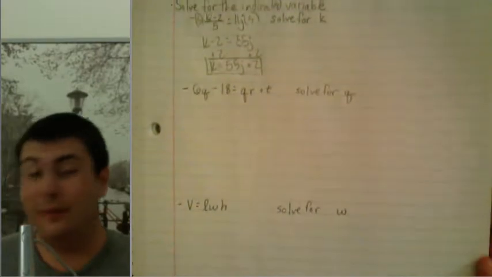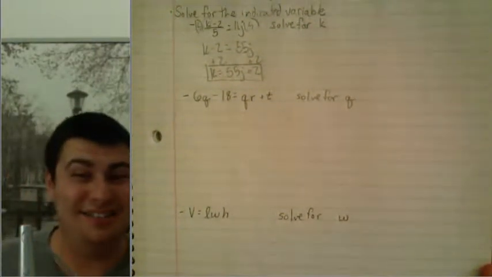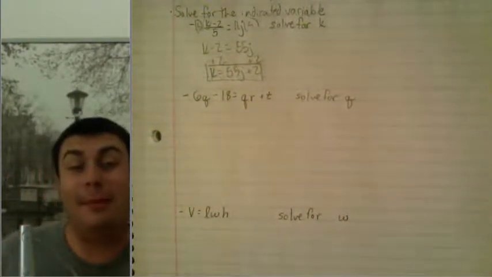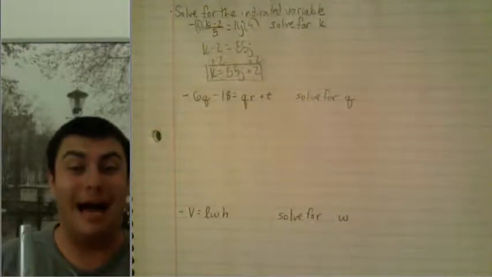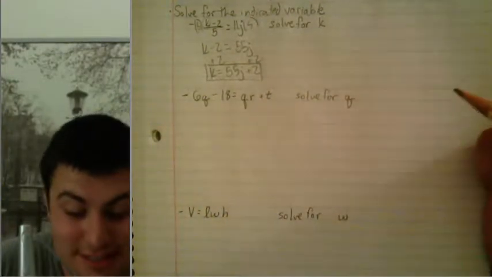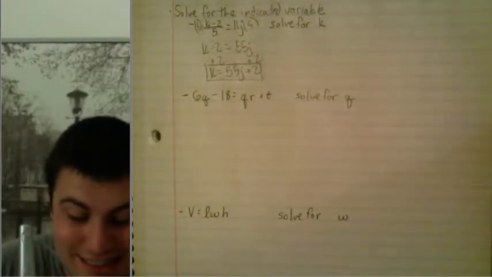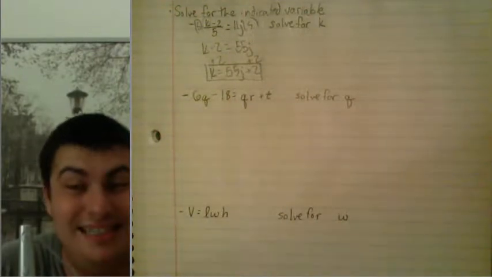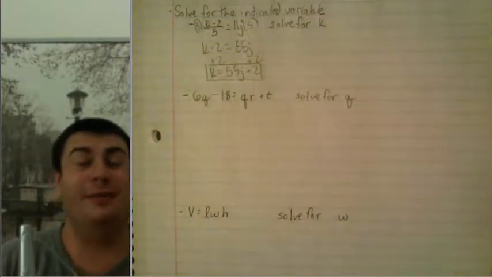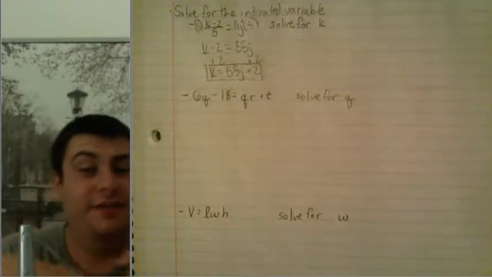Now, we may have to use some other techniques and tricks from properties that we know, using them in opposite. So if we have 6q minus 18 equals qr plus t, what we're going to want to do is get all of the variable we're trying to solve for on one side.